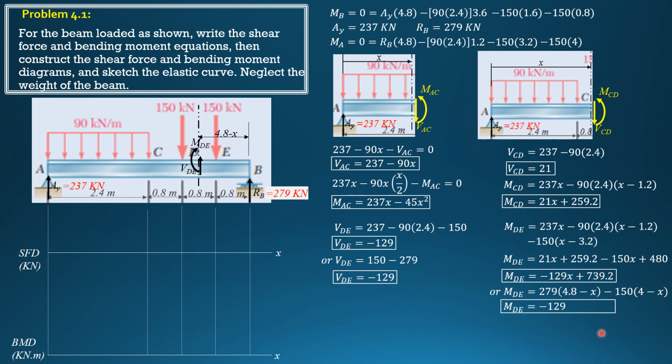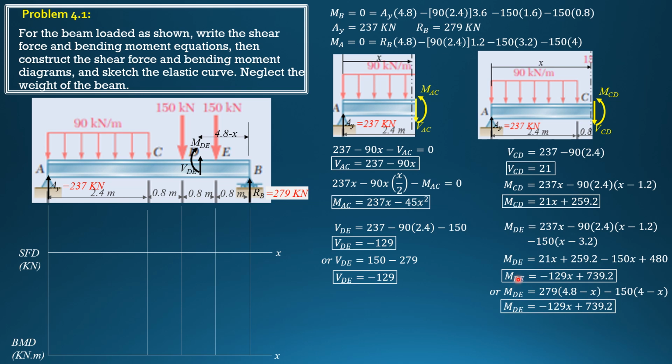Then simplify. Simplifying, 279 times negative x, then plus negative 150 times negative x is 150x. So you'll get negative 129x. Then the constant, 279 times 4.8 minus 150 times 4, is 739.2, which is the same as when we considered the left portion of the cutting section on the beam.